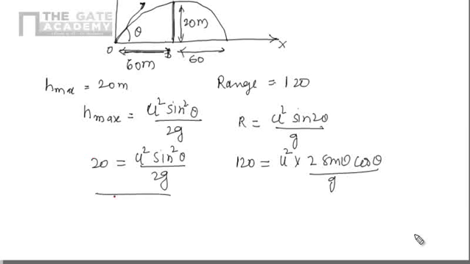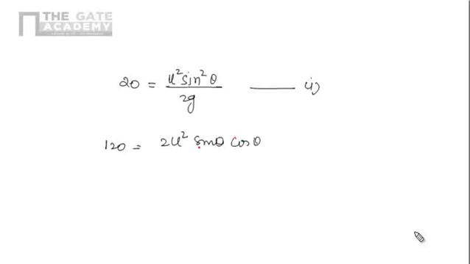Again writing the equation here: 20 equals u square sine square theta by 2g, let's say it's equation number 1. And the second equation is 120 equals 2u square sine theta cos theta divided by g, let's say it's equation number 2.